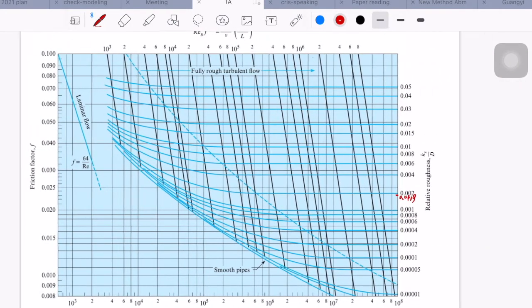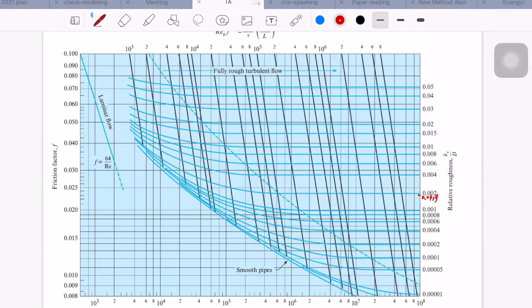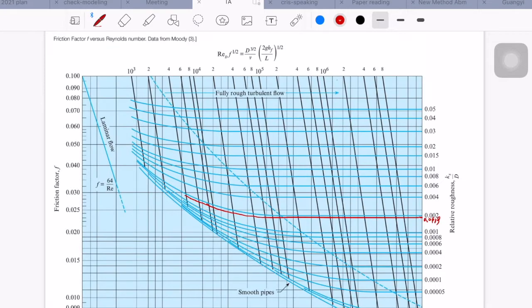Sorry. The curve maybe like this one, and we also know this parameter is maybe 1.66 times 10 to the power of 4.